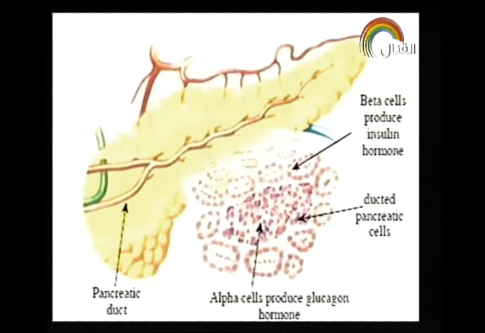Endocrine and exocrine gland at the same time. Okay? And we have a movie here to show us the main function of the pancreas inside our body and how it adjusts and regulates the blood glucose.